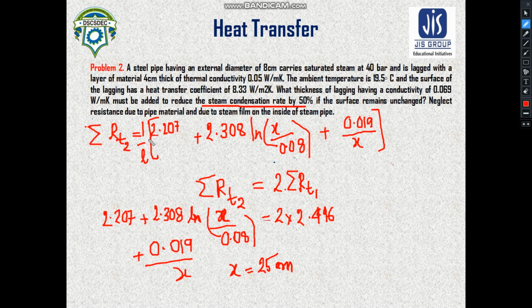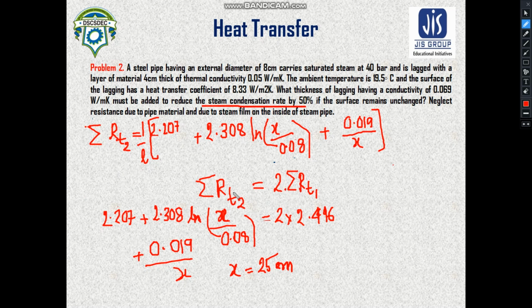Two of them would obviously be conductive and one of them convective. So we summed all these three resistances, and this summation would be twice the initial thermal resistances which we found earlier.